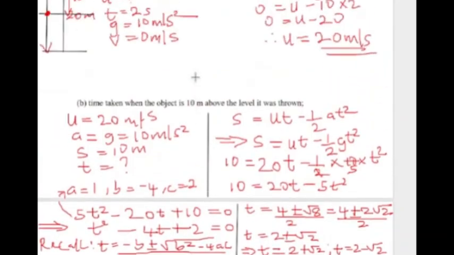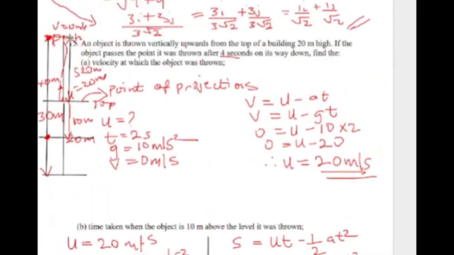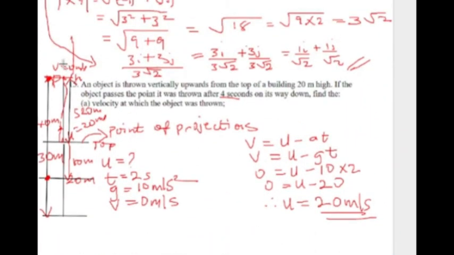Since I'm considering the downward motion, from this point here, this velocity v is equals to 0. This is for the point of projection when it was projected initially to the maximum height. V was equals to 0.